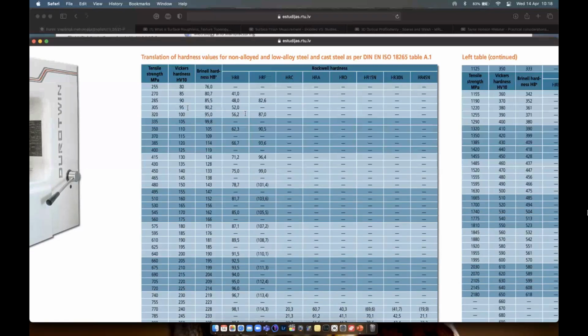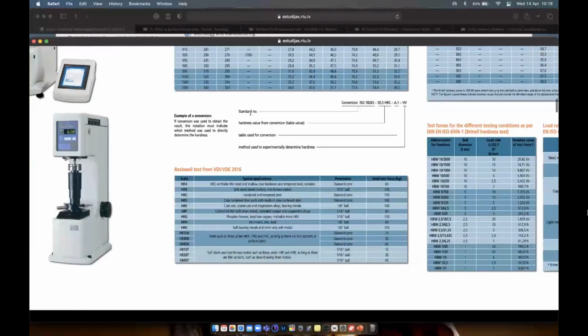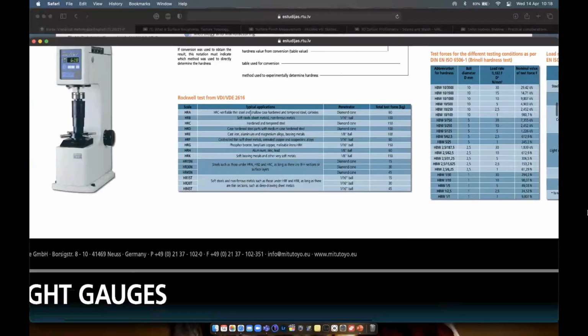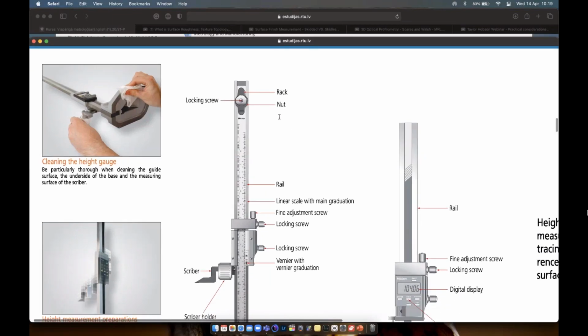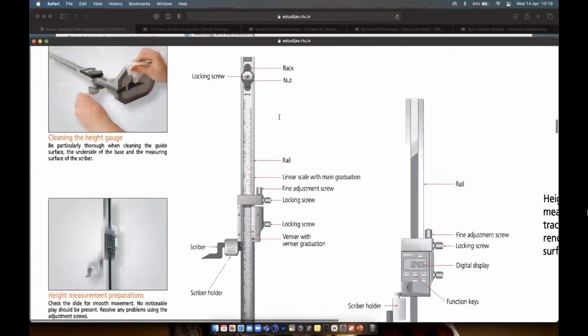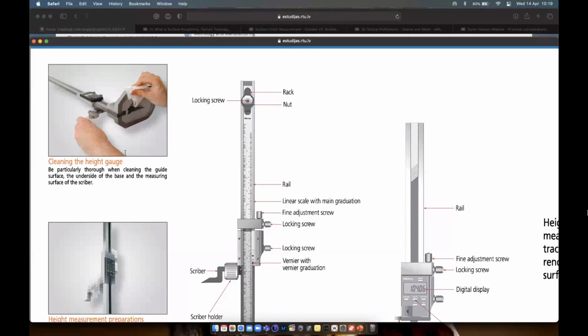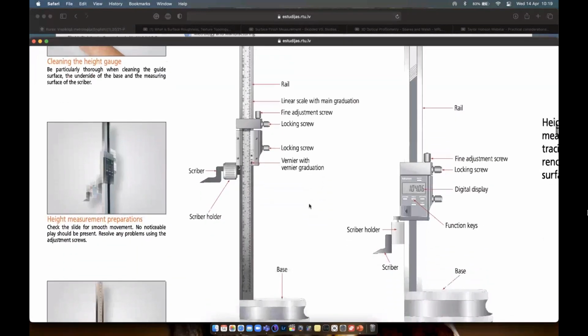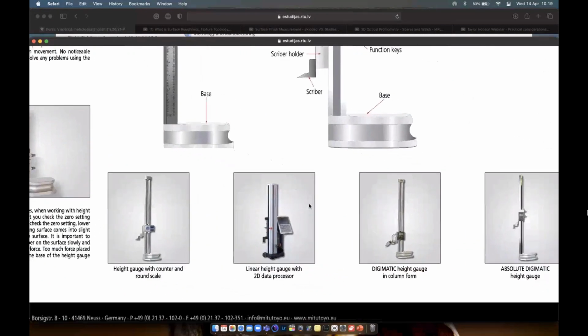Then there are height gauges. Same story: how to clean them, what the components are called, and what to do and what not to do.